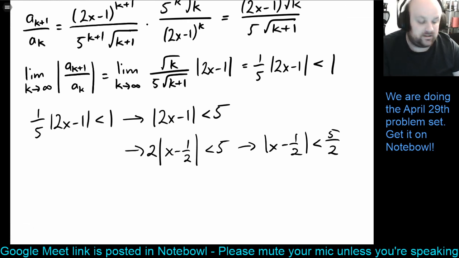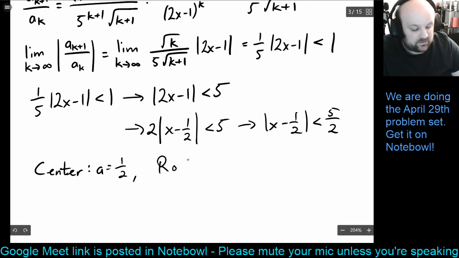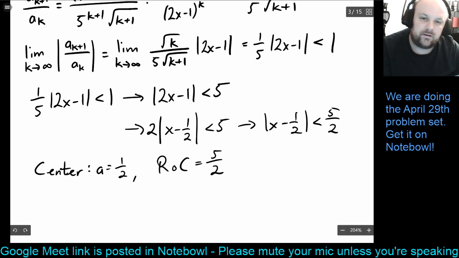Now we're good. In fact, we can now say that the center is 1/2. The radius of convergence is 5/2.